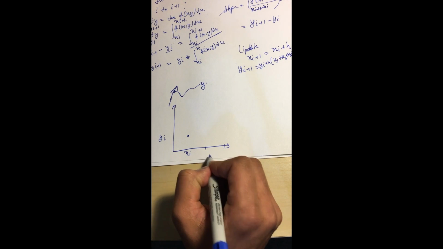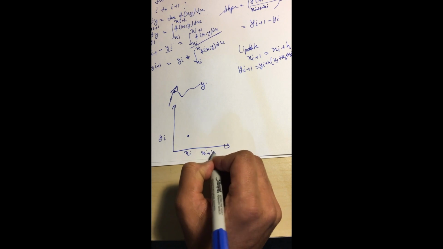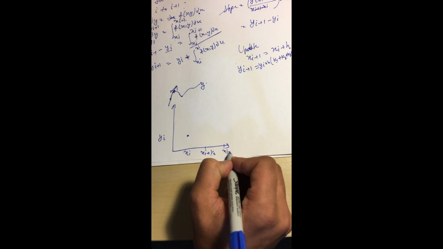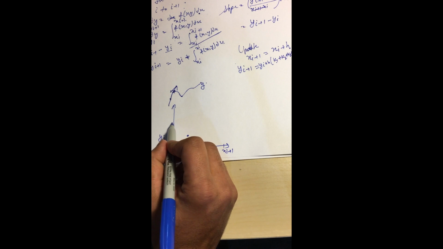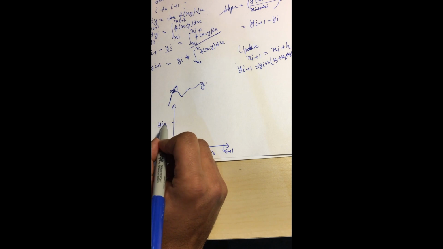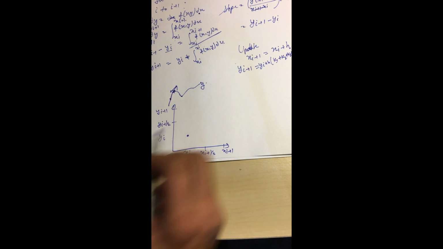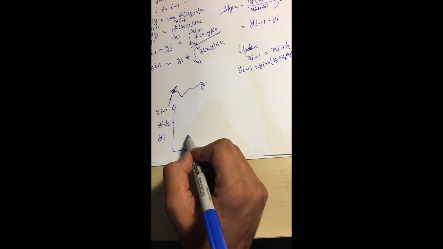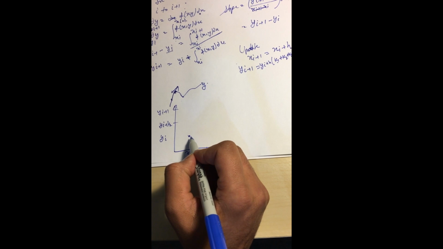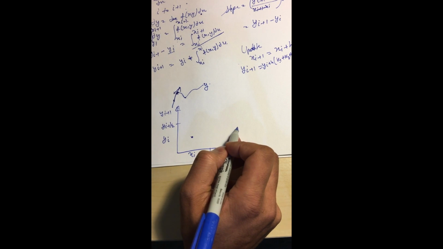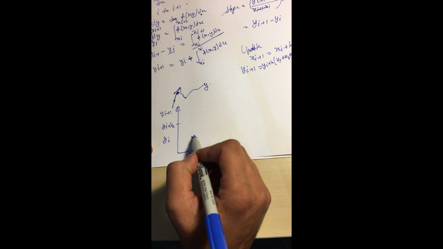So like this, x_i plus half, then x_{i+1}. So we can take y_i plus half and y_{i+1}. We are going to start with this point and compute our values for k1, k2, k3 and k4 from this one.